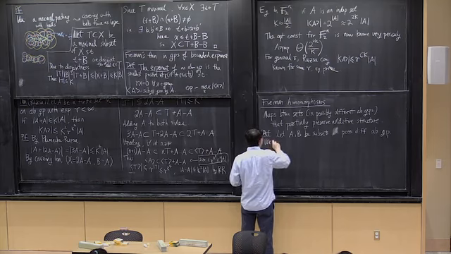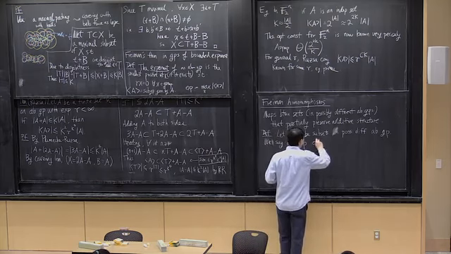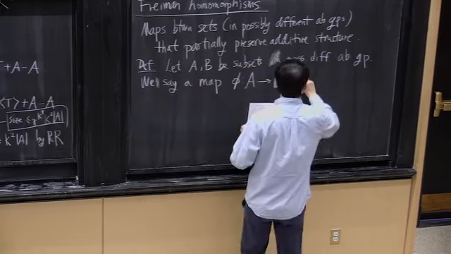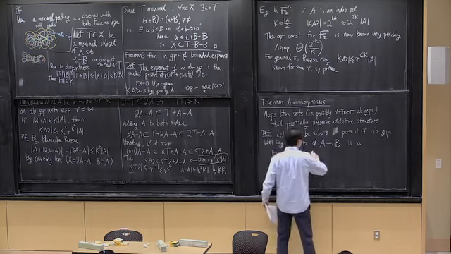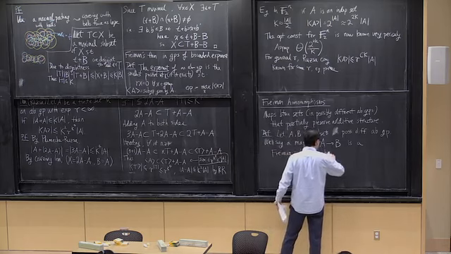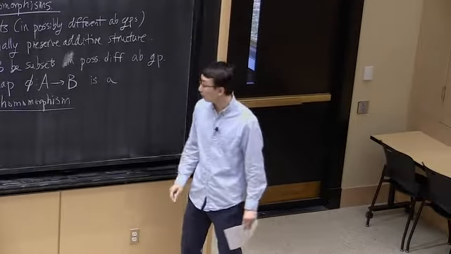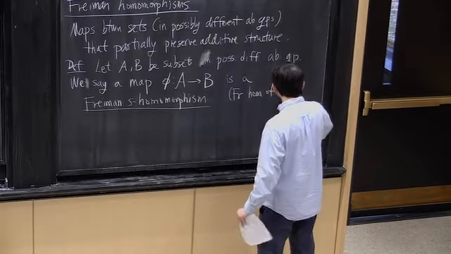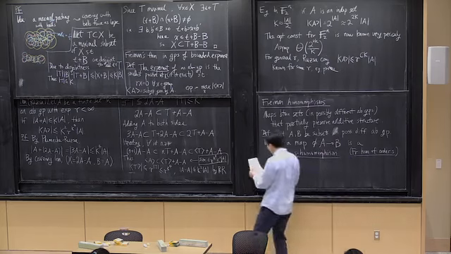So we say that a map phi from A to B is a Freiman S homomorphism. So that's the term, Freiman S homomorphism. Sometimes also the Freiman homomorphism of order S. Okay, so I can call it that as well.